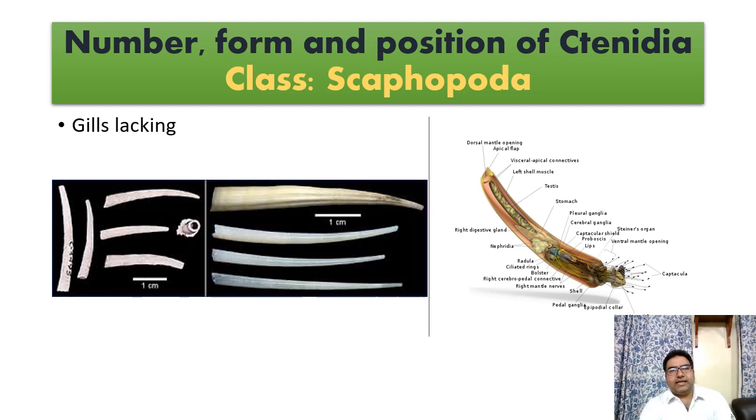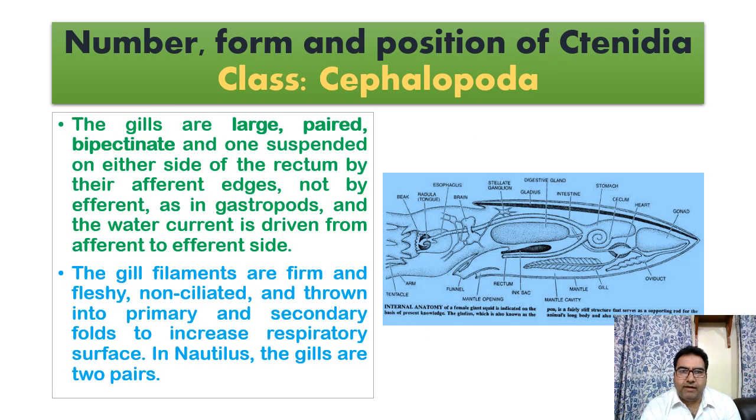So another class, that is the Scaphopoda. In this very class, the gills are lacking, and we do have the tusk shells, wherein the Ctenidia are absent. Then we do have the Cephalopoda, the important one. The gill here is a plume-like gill.